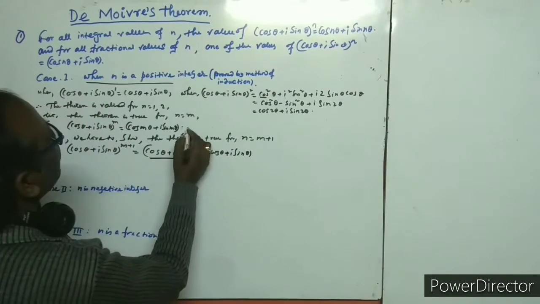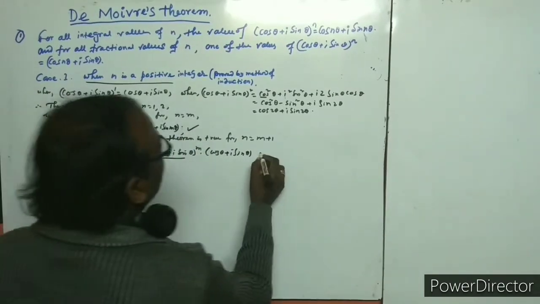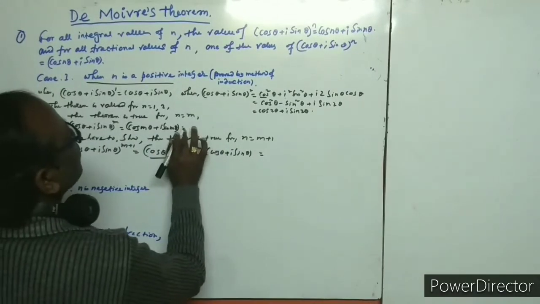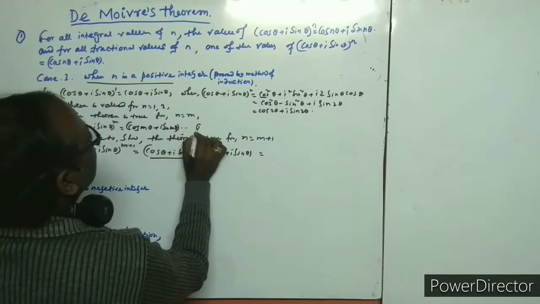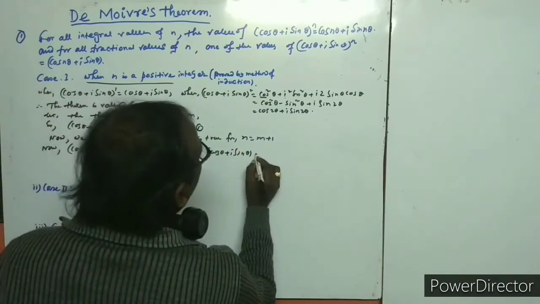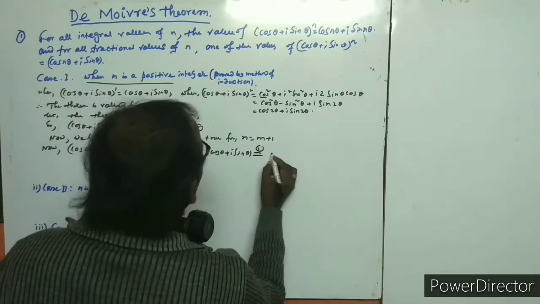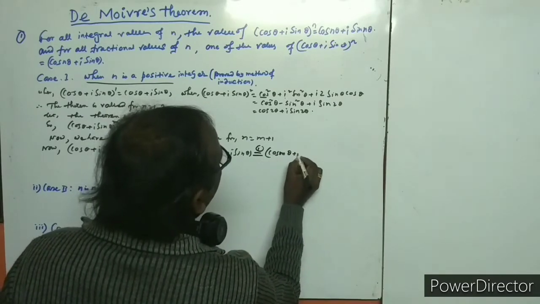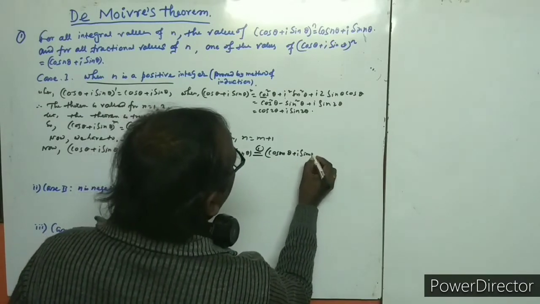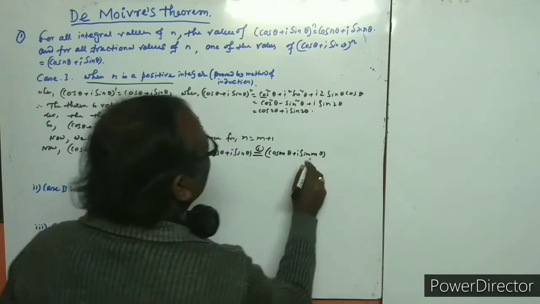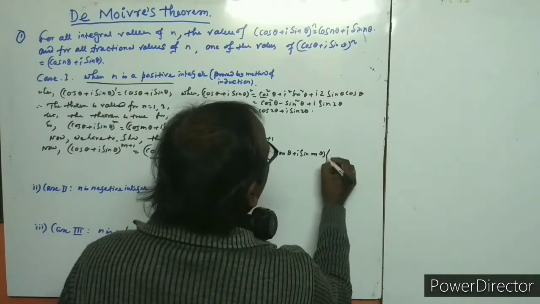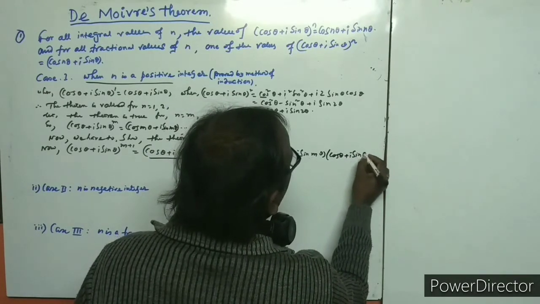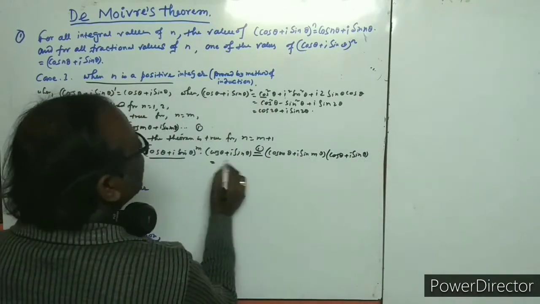So we can write from the assumption, cos m theta plus i sin m theta, and multiply by cos theta plus i sin theta.